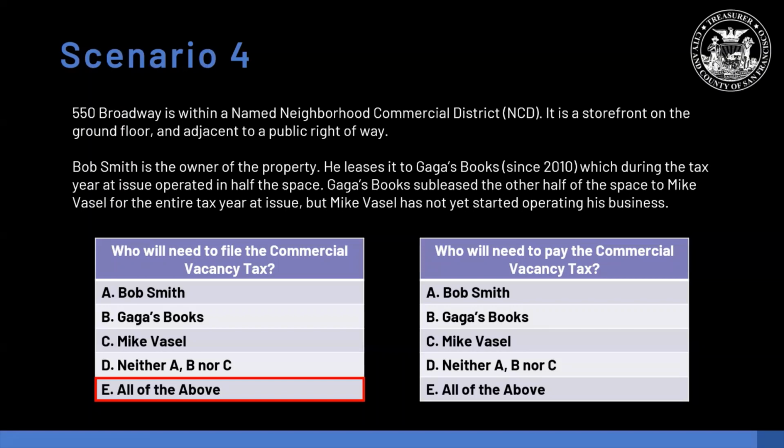Bob Smith, Gaga's Books, Mike Vassell, neither, or all? The answer is C, Mike Vassell, because he is keeping the space vacant. We hope these scenarios help you understand who will need to file and pay the commercial vacancy tax.